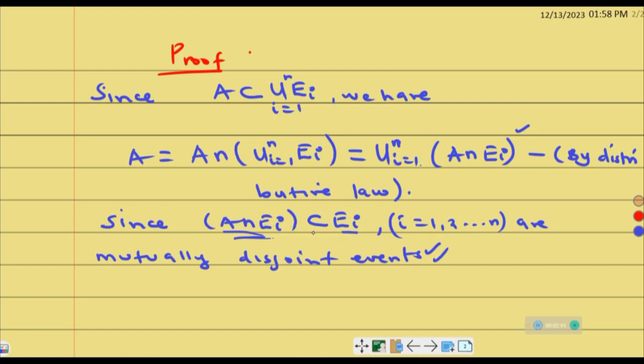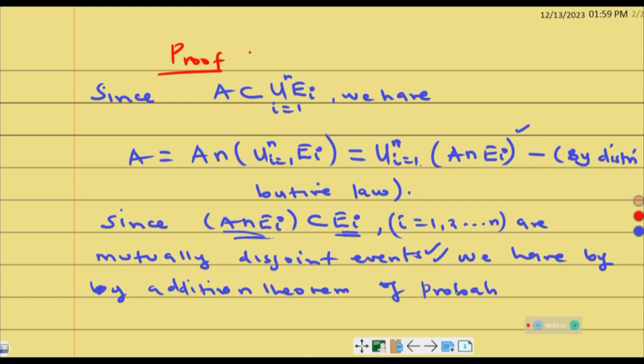So we are saying since A intersection Ei is a subset of Ei, for i equaling 1 up to n, and these are mutually disjoint events, then by the addition theorem of probability, we shall have the probability of A, which is the same as the probability of the union from 1 to n of A intersection Ei.